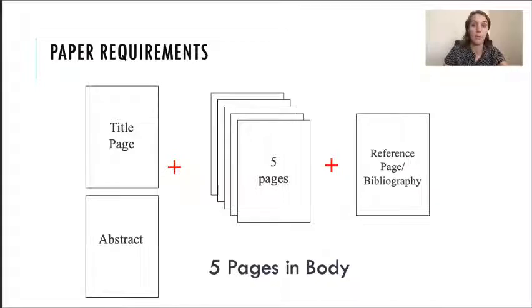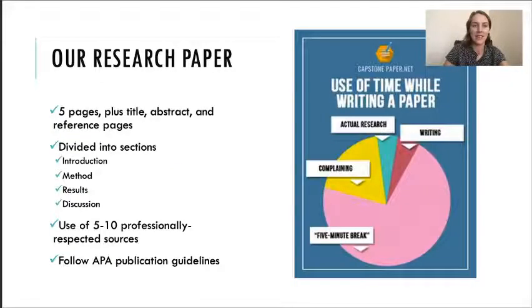All right, this is what your paper will roughly look like by the end of the class here. You'll have a title page and an abstract. Those each get their own pages. Then you'll have 5 pages of writing in the body of your paper. We'll call that the body. And that includes the main portions of your paper. So if I hop back to the last slide, that will include your introduction, method, results, and discussion.